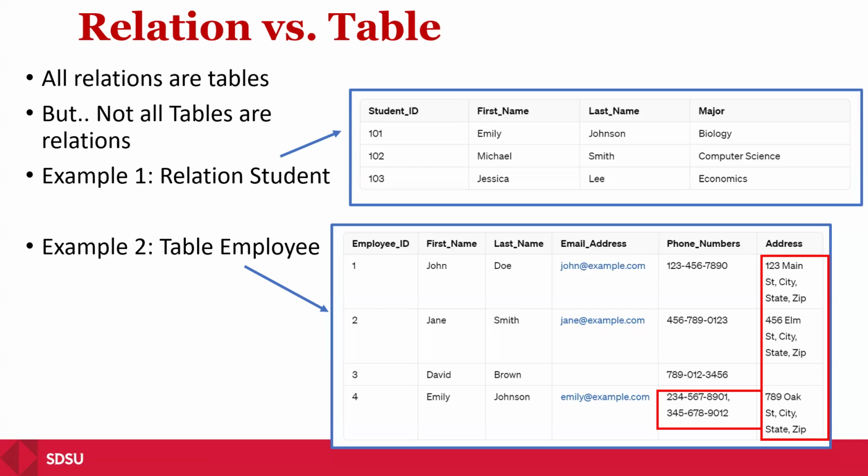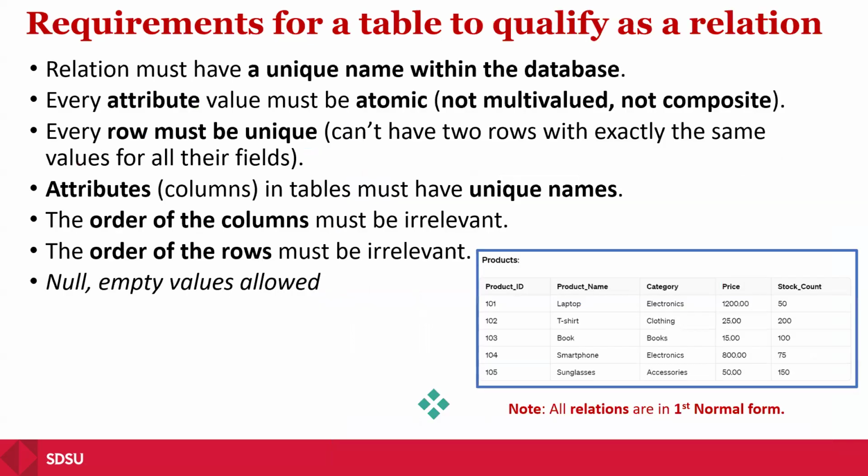How about phone numbers? For example, employee three has multiple phone numbers. So what kind of attribute is that? It's a multi-valued attribute, right? So let's see what defines the relations.